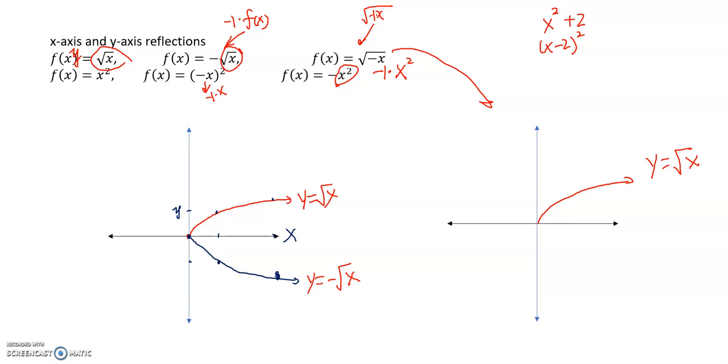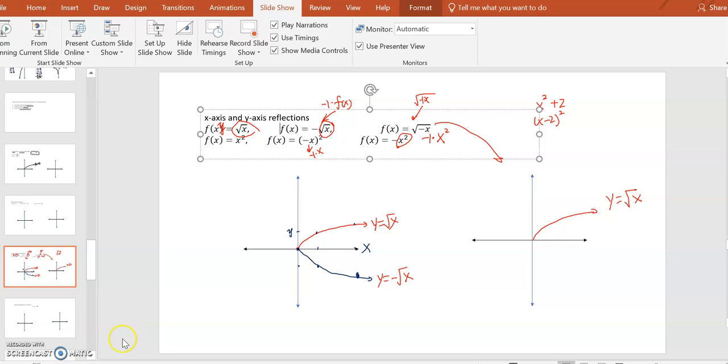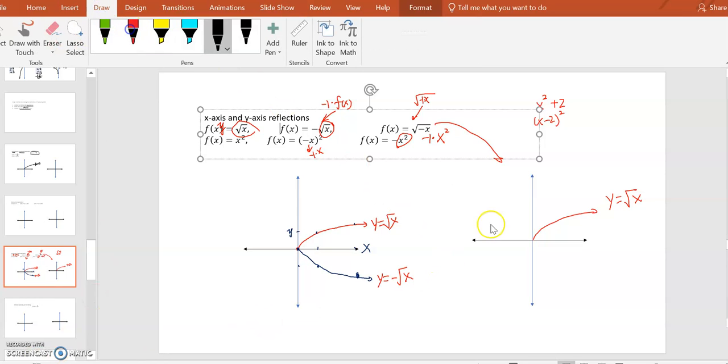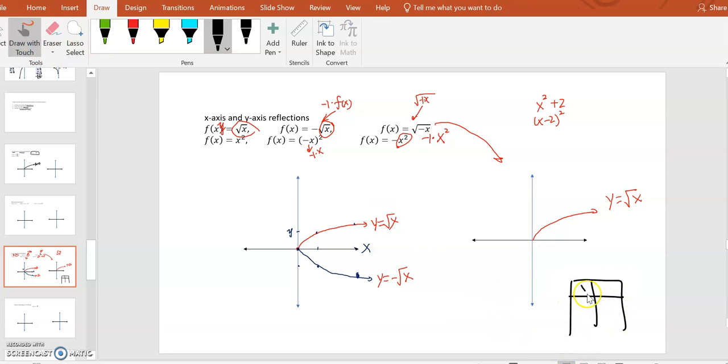So notice that we can make a table. X, Y. So this time I'm drawing y equals square root of negative x, and notice that again we have to pick.